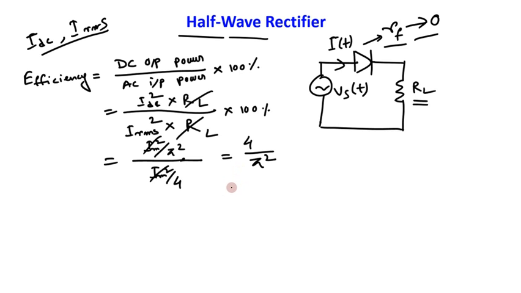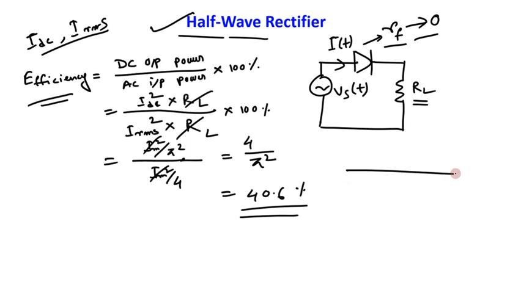If you make this calculation, the efficiency in case of half wave rectifier comes out to be 40.6%. You remember that in half wave rectifier we are getting power only because of this positive half. The negative half, this power we are not getting. That's why you can see the efficiency is quite low in case of half wave rectifier.